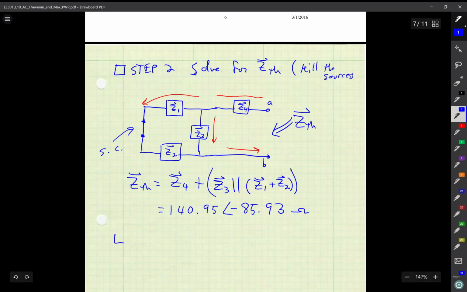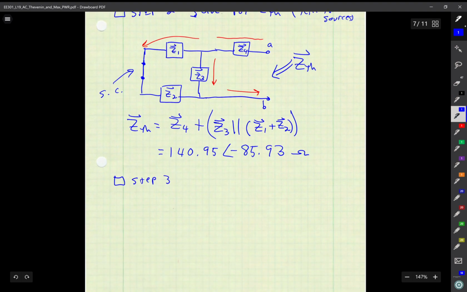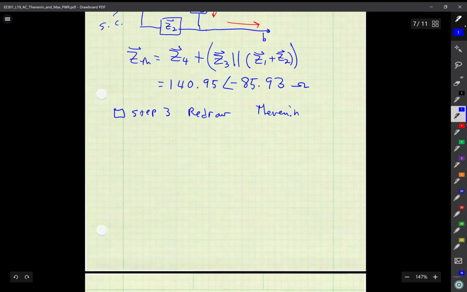Okay, step 3 is to just redraw my Thevenin equivalent circuit. Let's redraw. Here's my Thevenin voltage. We'll call this V Thevenin.